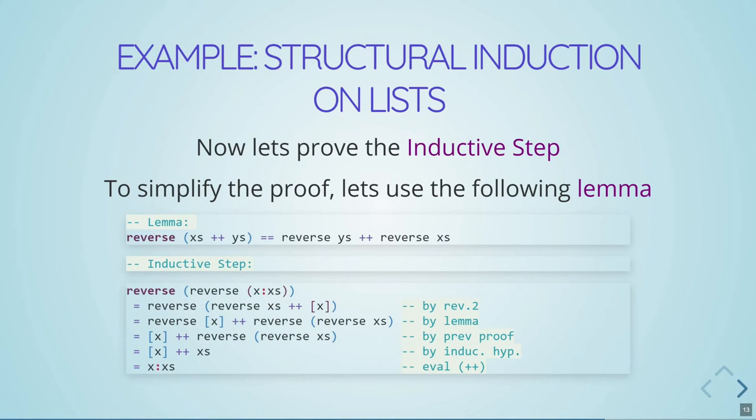So what we need to do is prove that the reverse of the reverse of x colon xs is equal to x colon xs. The first obvious thing to do is to take this term and use the second equation to expand it. If you remember, the reverse of x colon xs is equal to the reverse of xs plus the list of x. Now at this point, we're a little stuck.